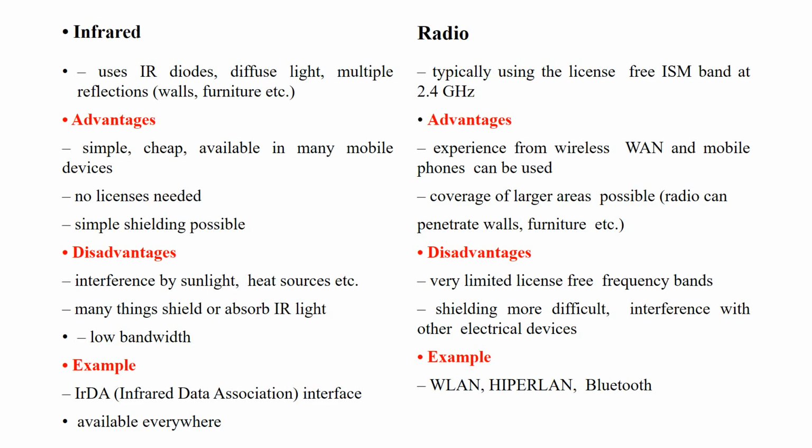The advantage is that you can transfer the signal over larger areas, and it can penetrate through walls and furniture. Discussing the disadvantages, it has very limited license-free frequency bands, shielding is difficult, and it is interfered with by many signals. Examples include wireless LAN, HiperLAN, and Bluetooth.